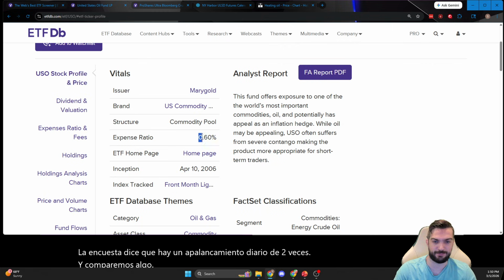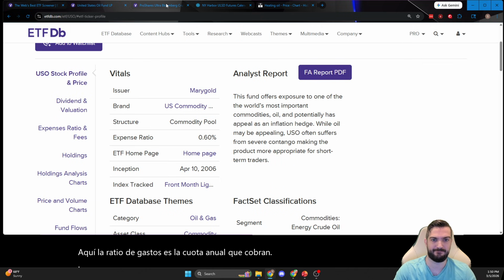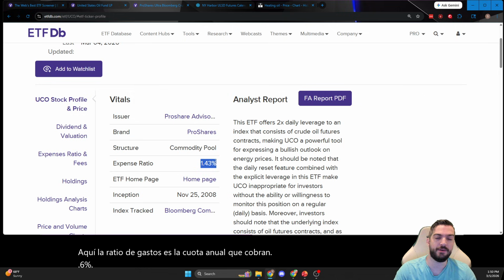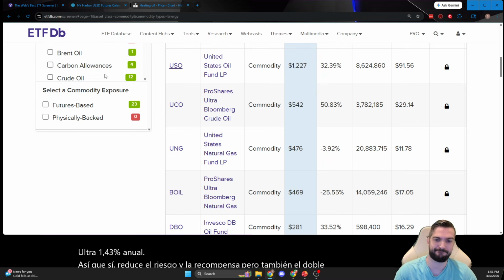USO, expense ratio here, the annual fee that they charge, 0.6%. Ultra, 1.43% per year. So yes, 2x the risk and reward, but also 2x and then some the expense ratio.